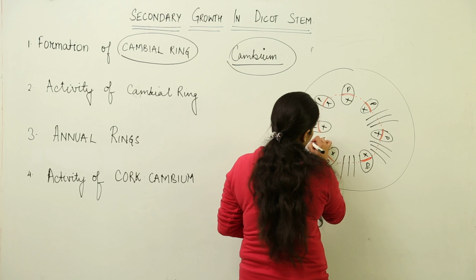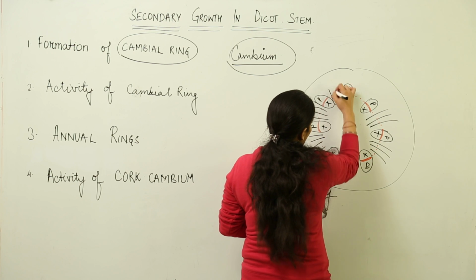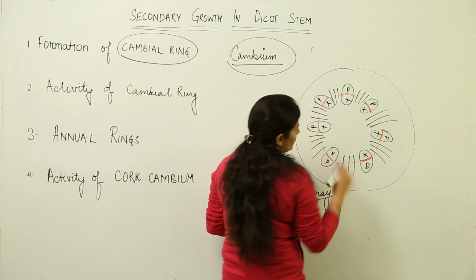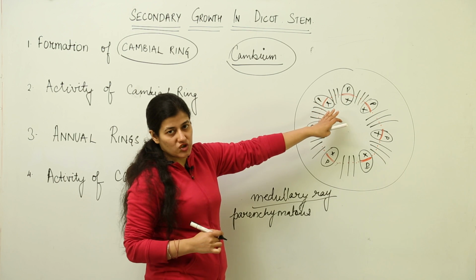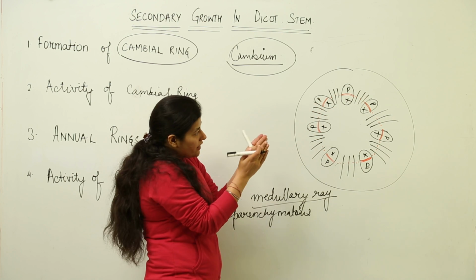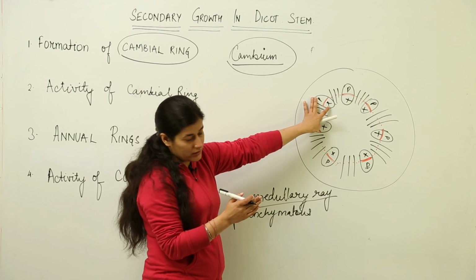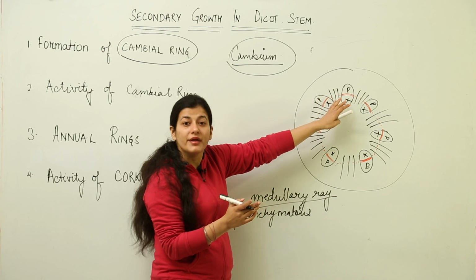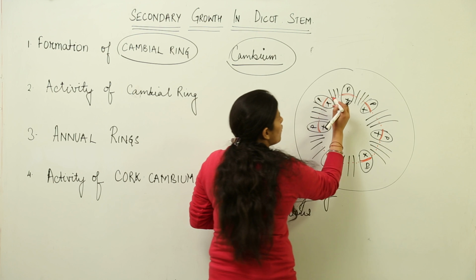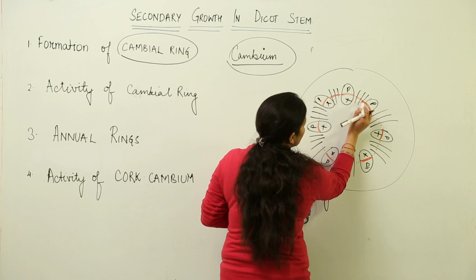Now what would happen, in order to form the cambial ring, is that the cells which are parenchymatous and are in close proximity to the cambium present between the vascular bundles become meristematic, and there is formation of a cambial ring.